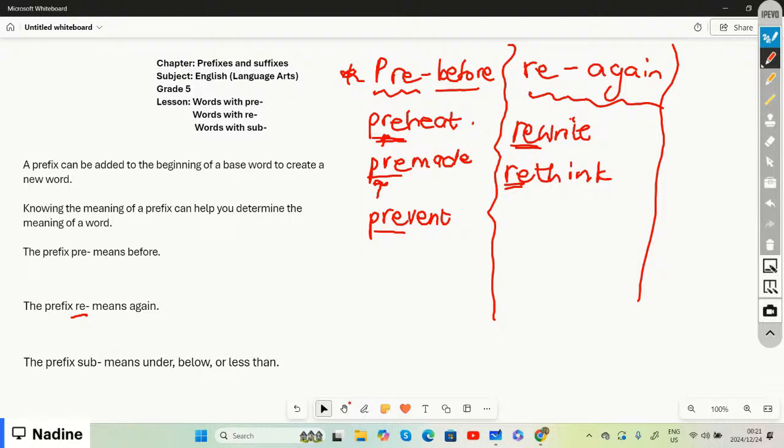If you rethink something, and rethink, it's like where you have to think about something again. And then we have reword.